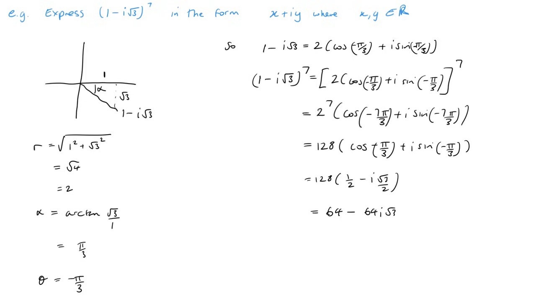Okay, so that is now in the form x plus iy, and you can see how the power, using de Moivre's theorem, then turned into this, which was far easier to deal with than trying to expand out to the power 7. So that's all we're going to look at in terms of de Moivre's theorem at the moment.